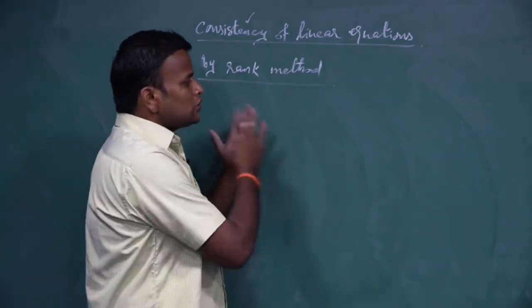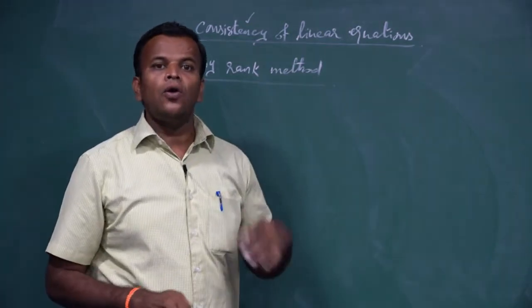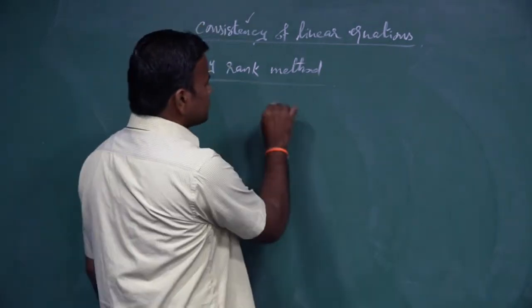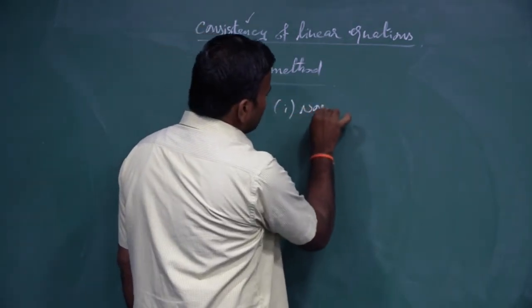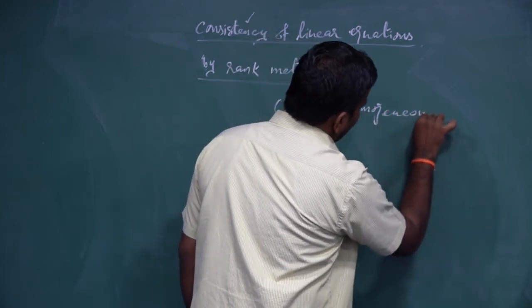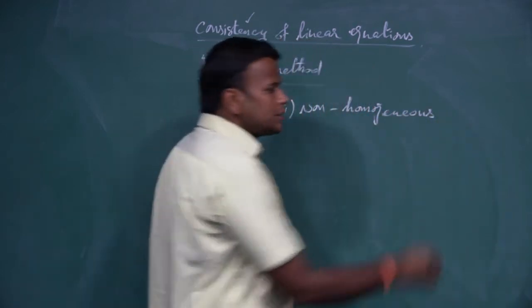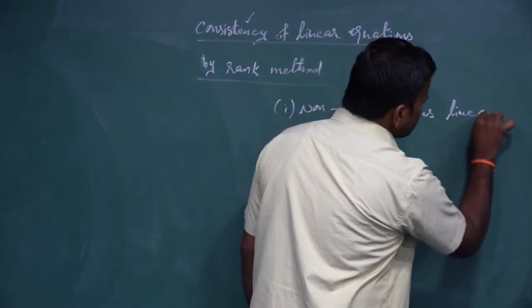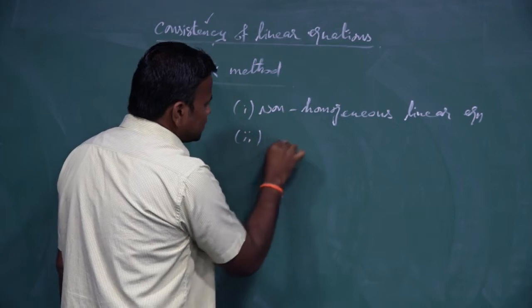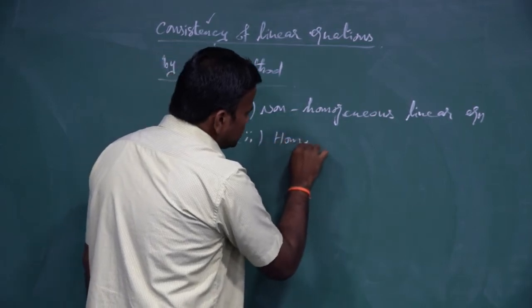Now you see the previous equations are all called non-homogeneous. So there will be two types of equations. One is non-homogeneous linear equations, and the second one is homogeneous linear equations.